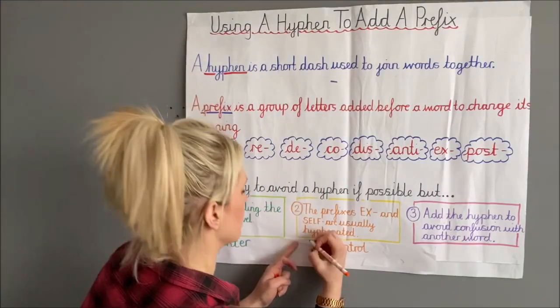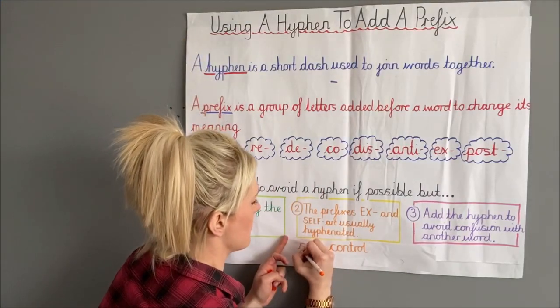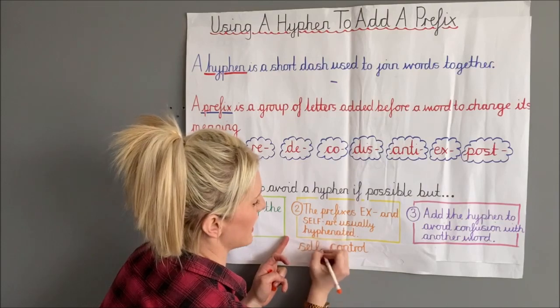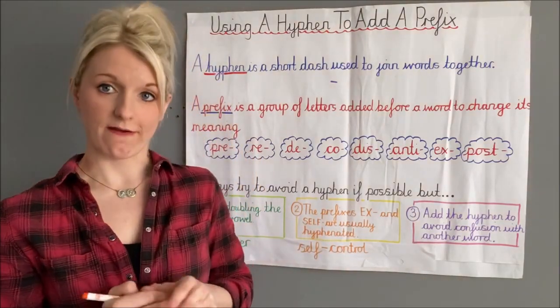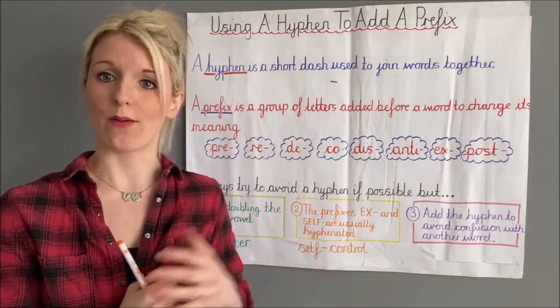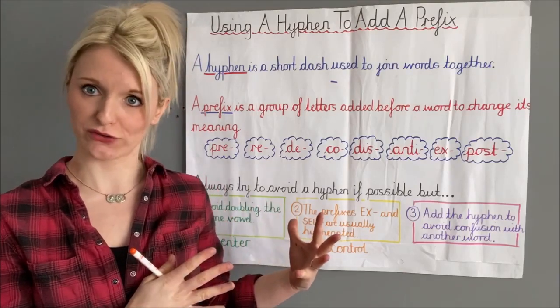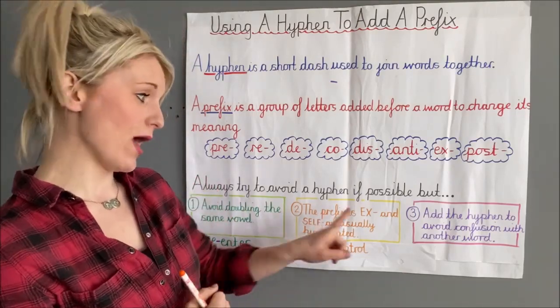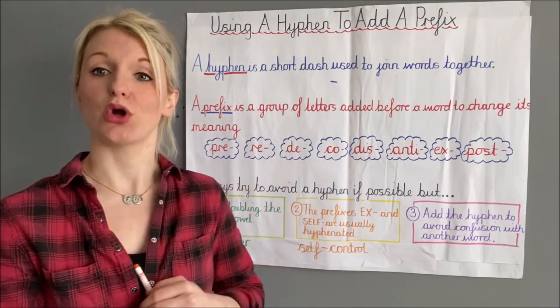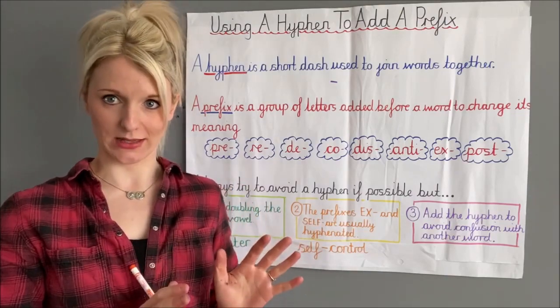Now, because it is one of those prefixes written there, I'm going to add self at the beginning, but I would hyphenate it so it becomes self-control. And words like self-conscious would be done in the same way, or ex-military if someone used to be in the military but they're not anymore.